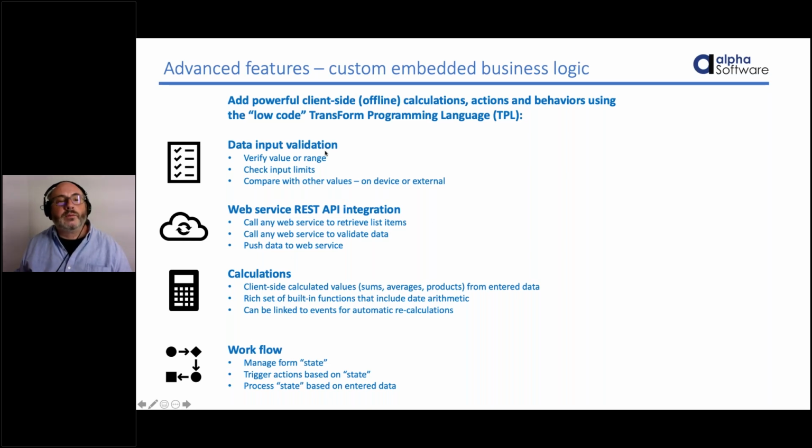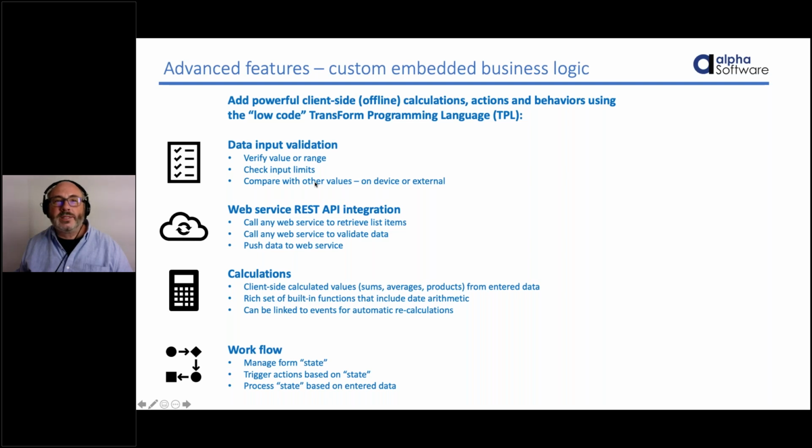We also have data input validation, so making sure that something is within range. If you're taking a look at a car battery, for example, which should be somewhere between 0 and 12, where 0 is dead, and you come back with a reading of 18 or 24, you could say, look, this is a ridiculous value. Please check to make sure you meant to enter that. So we can check for limits. We can compare it against other values.